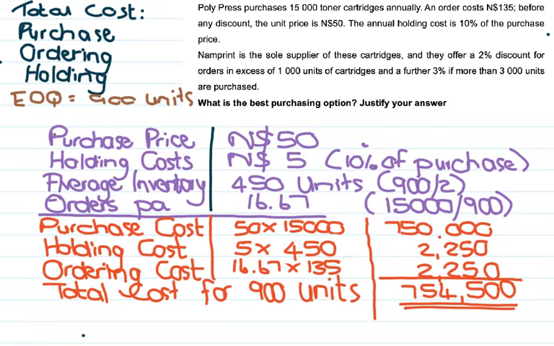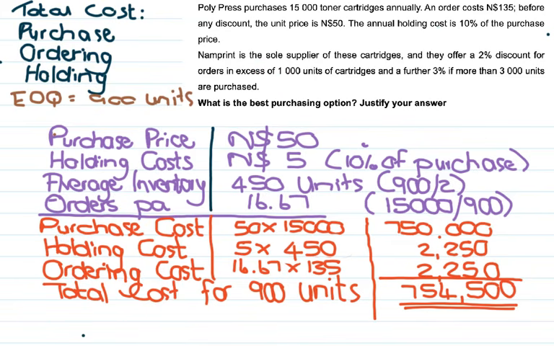Now, before we do any calculations, we need a place to start. Where will we start? It makes sense that we should calculate our total cost, because based on the total cost, we can do a comparison and we can recommend one of the options, whether it will be our normal order size, or whether it will be 1,000 or 3,000.